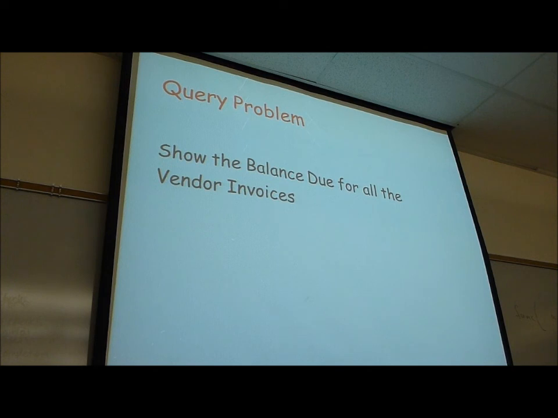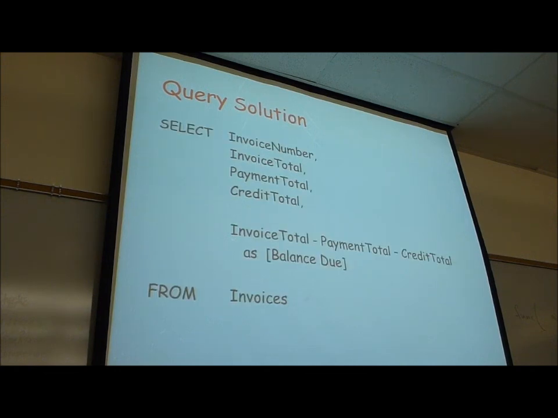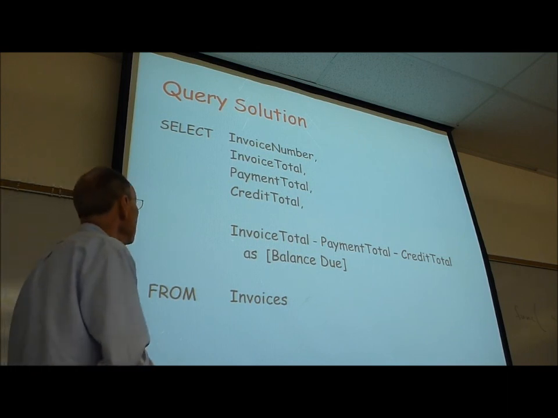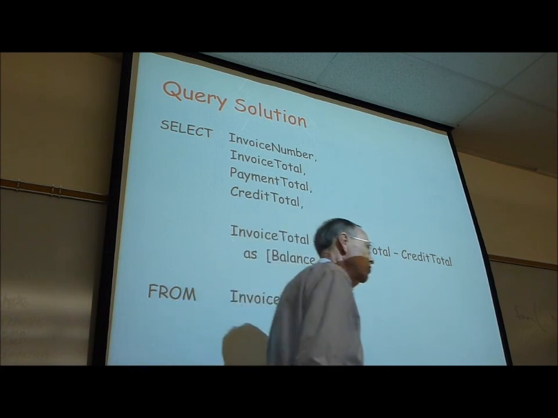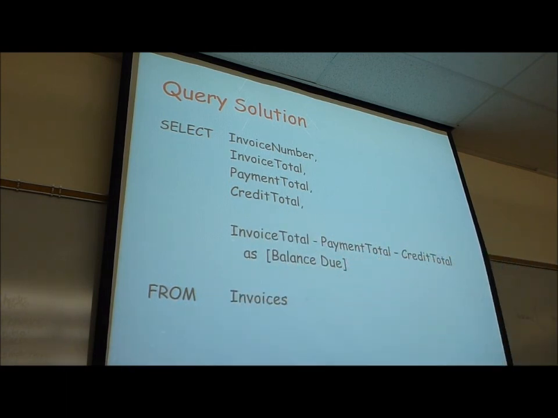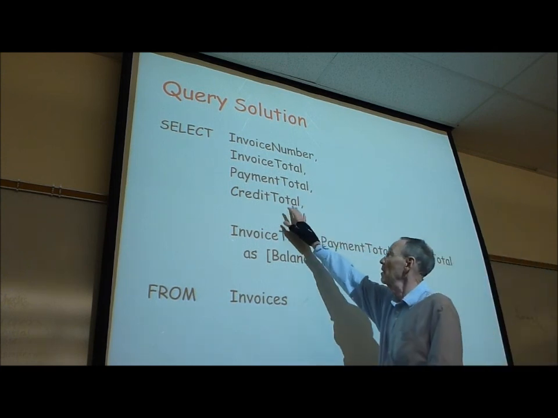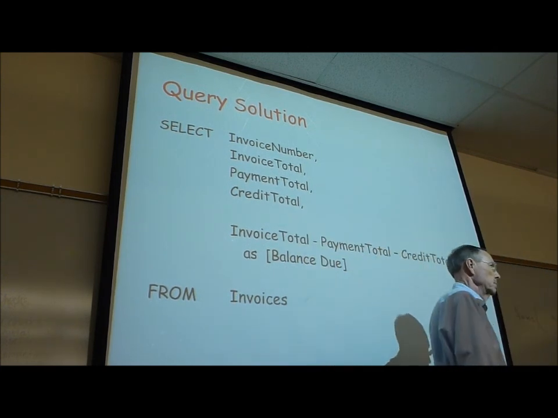We're not going to do this one, but now we're starting to get a little fancier. This is where we really take advantage and do some arithmetic that's part of the table. In their invoices table, they'll have an invoice number, a total column, the payments that you've made so far, and a column for credits coming.